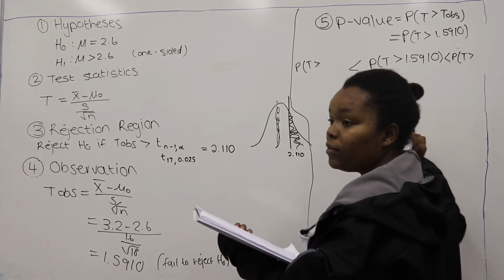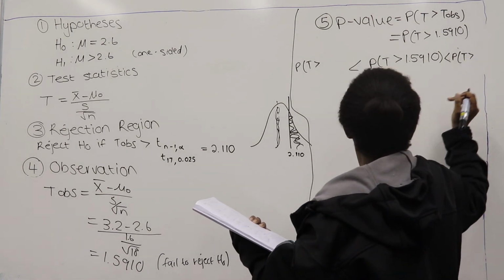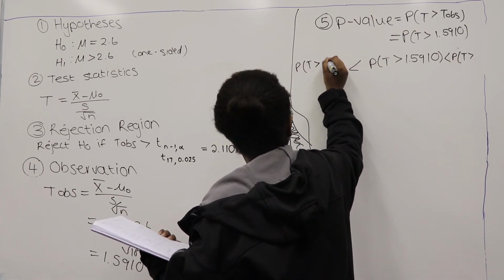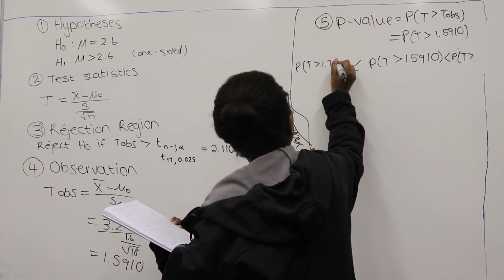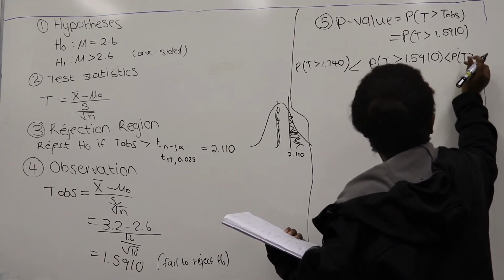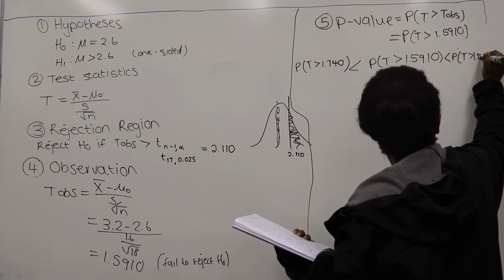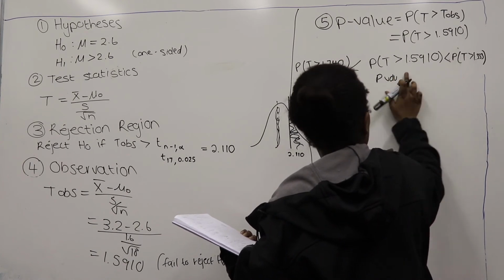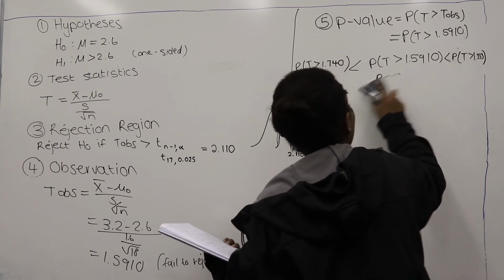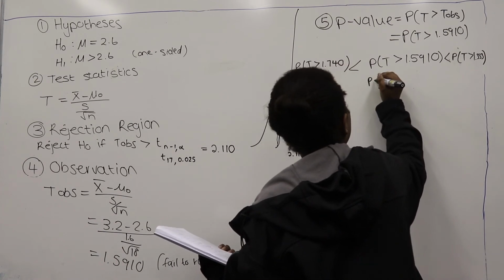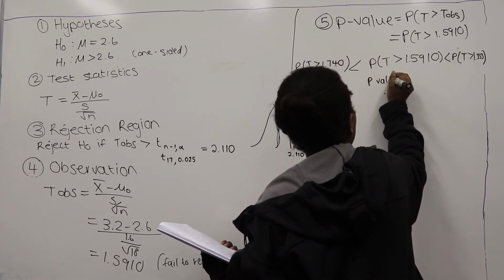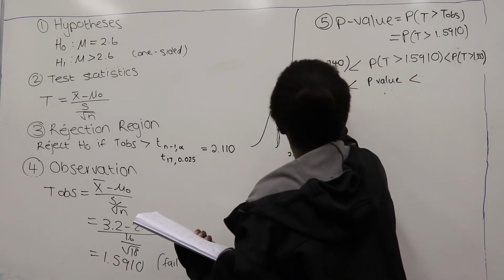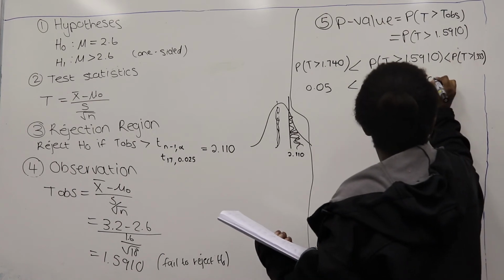The numbers first. We're going to put the bigger number on there. The bigger number is 1.740, and the other one is 1.333. Okay, so our p-value: what's the probability? 0.05 and 0.1.